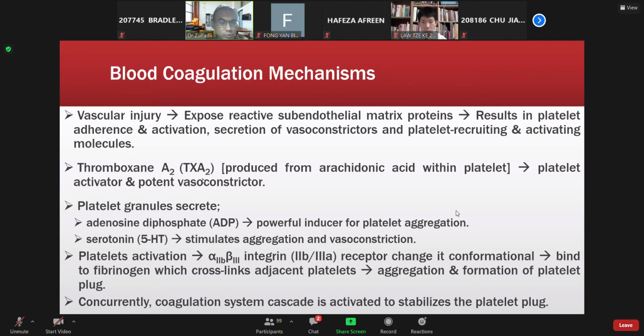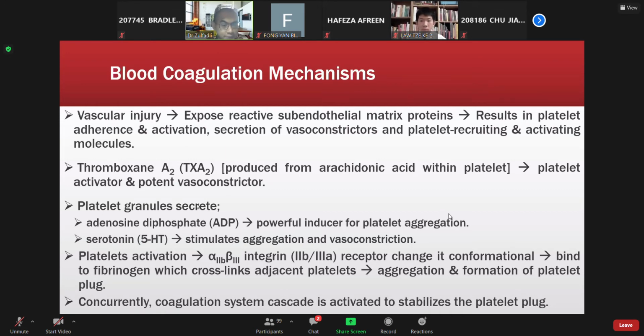Thromboxane A2, okay, thromboxane A2, is produced from arachidonic acid within the platelet, and the platelet will be activated, and it is also a potent trigger of vasoconstriction.